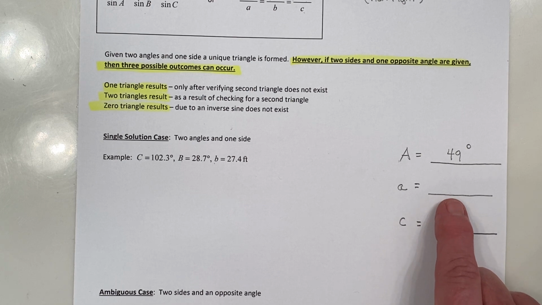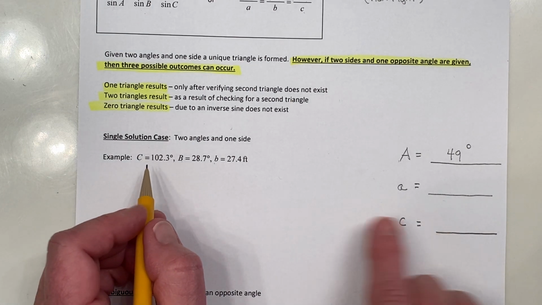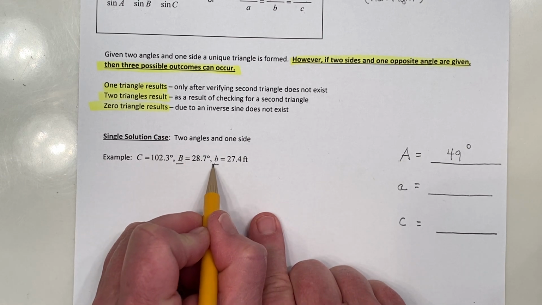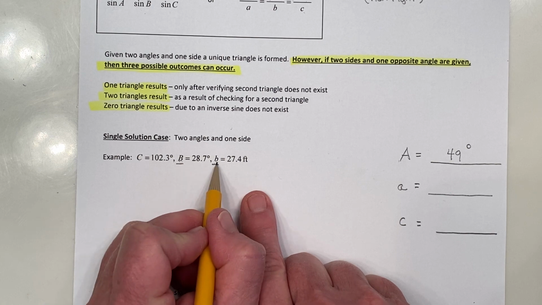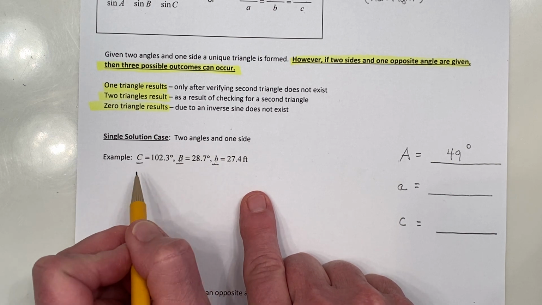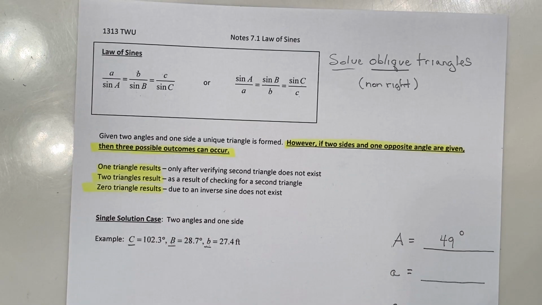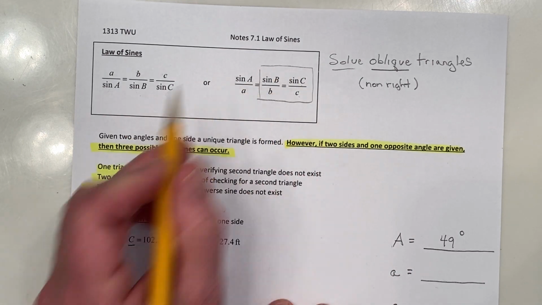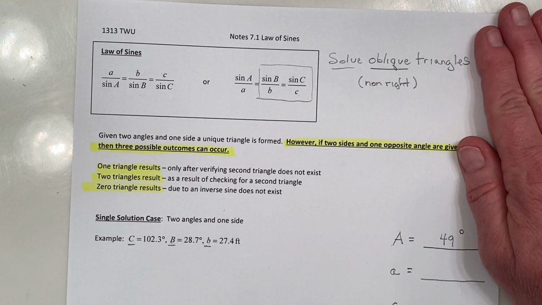All right, we need to find side a and side c. I'll probably find side c first, just because they gave me a complete fraction. Notice they gave me uppercase B and lowercase b. So I'm going to be using these two fractions right here to help me find side c.